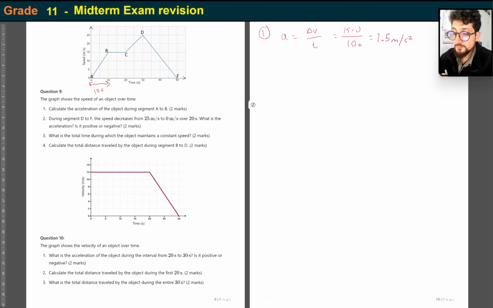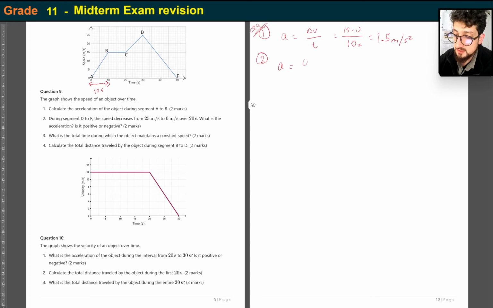Okay. Number 2 says, this is all question 9, obviously. Number 2, during segment D to F, so that's this one here. The speed decreases from 25 to 0 over the course of 20 seconds. What is the acceleration, and is it positive or negative? So the acceleration is going to be, once again, change in velocity.